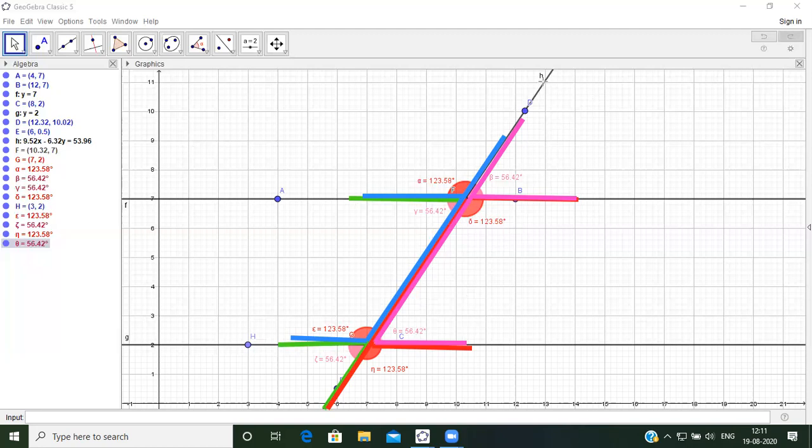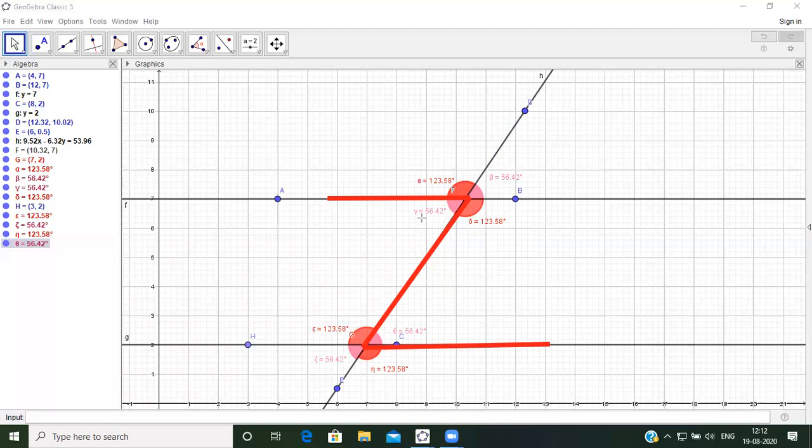Now we'll move on to the next one, that is alternate angles. Alternate angles can be interior or exterior. We can remember with the letter Z. So I will draw letter Z. See, observe here, I drew letter Z. So for the letter Z, both interior opposite angles are equal.